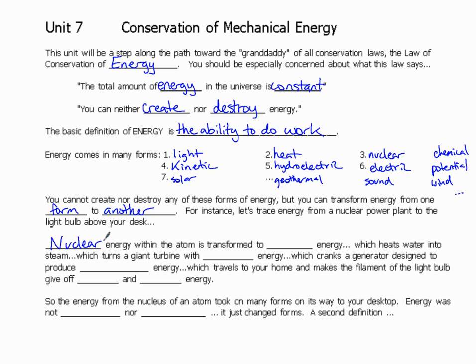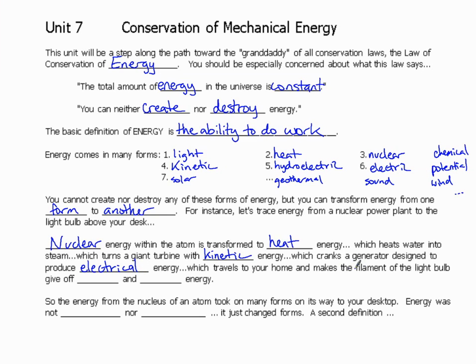Nuclear energy within the atom is transformed into heat energy, which heats water into steam, which turns a giant turbine with kinetic energy. This cranks a generator, which is designed to produce electrical energy, which travels to your home and makes the filament of the light bulb.